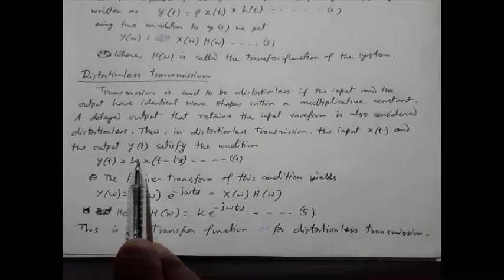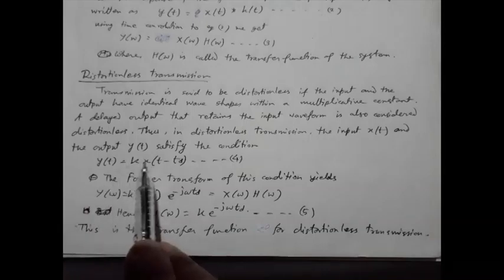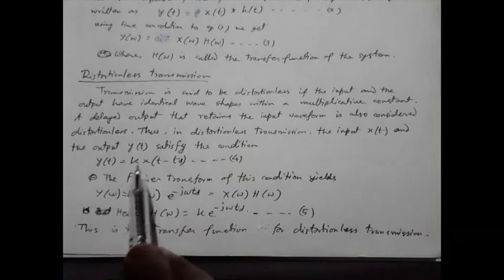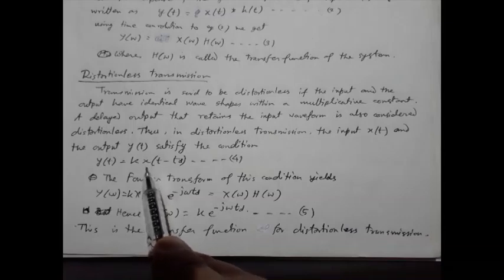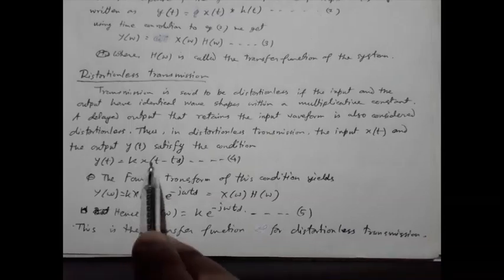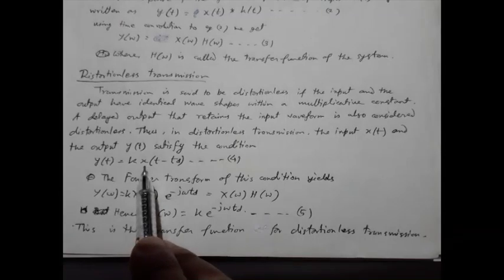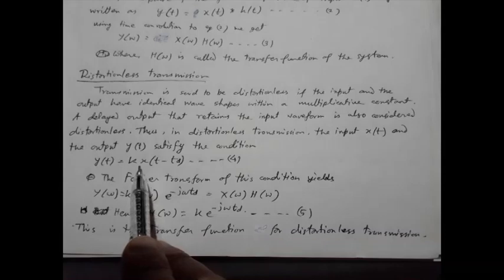Now if this constant is multiplied with this x(t), then there will be no distortion, because suppose k equals 0.5, so the amplitude of x will be halved. Now we can easily recover its amplitude by using an amplifier of gain 2.